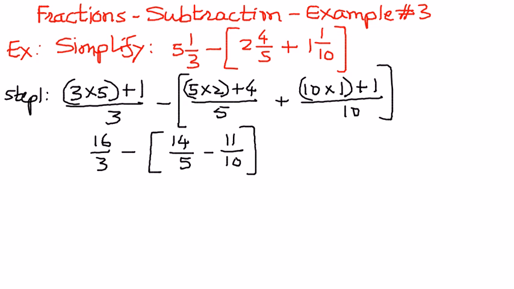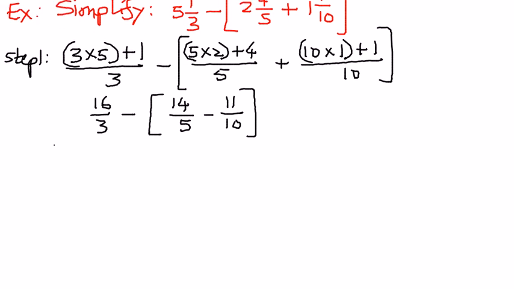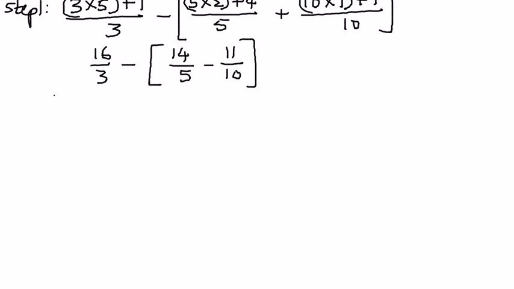Now we are ready to do the simplification process. The one more simplification we want to do here is to open up these brackets. Negative times positive is a negative, that is the first thing, and then negative times negative is a positive.